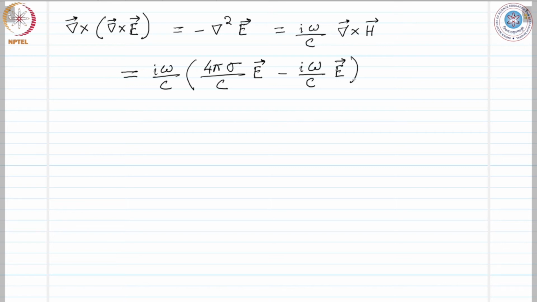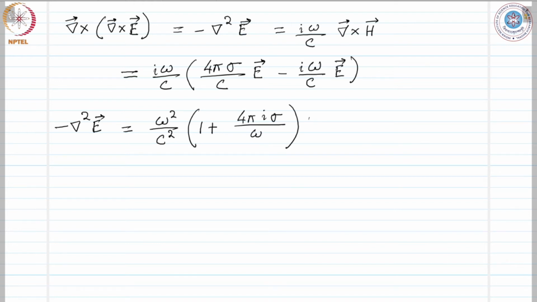This implies that minus del square of the electric field is given as omega squared over C squared times 1 plus 4 pi i sigma over omega, times the electric field. This has the form of the usual wave equation.